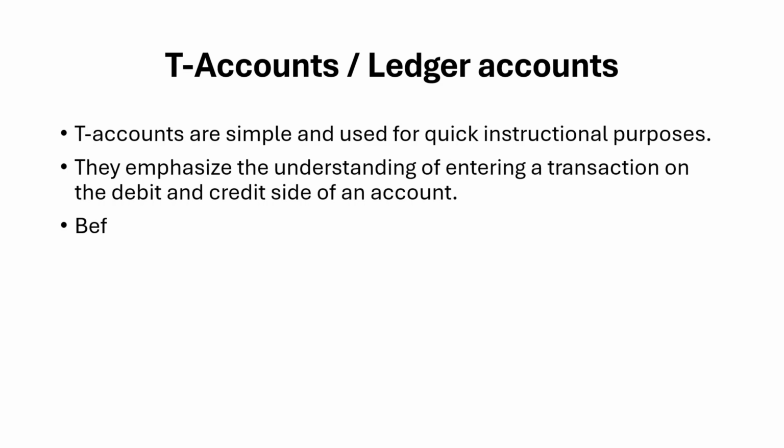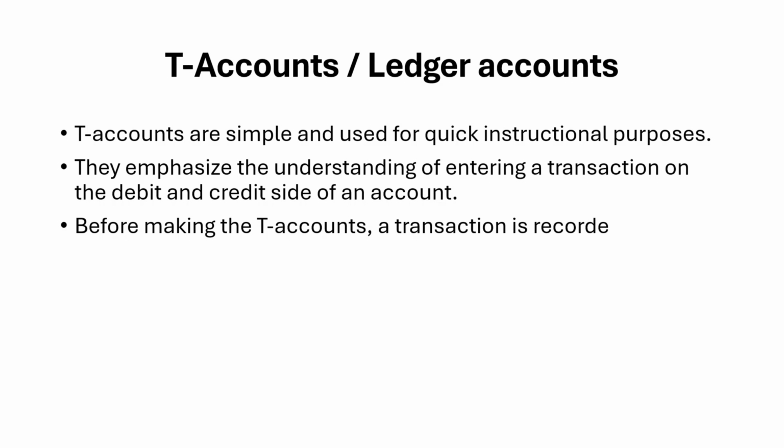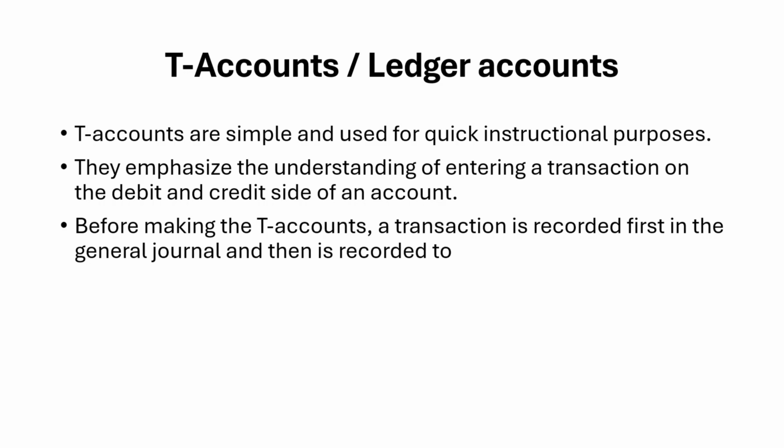And lastly, before making a T account entry, always remember that the transaction must first be entered in the general journal where it's then transferred into a T account where it's grouped into the respective accounts.